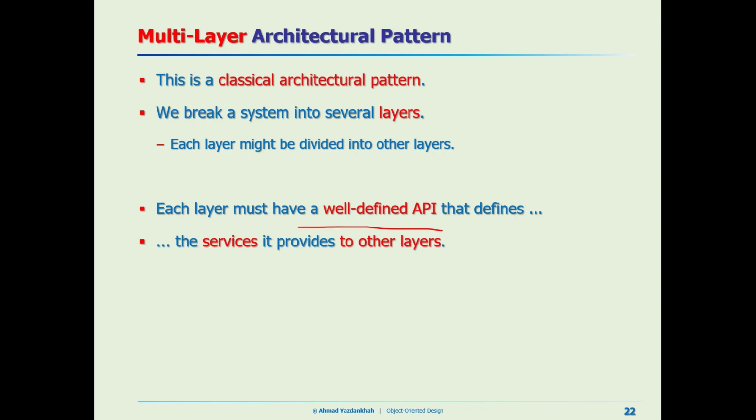When you define a layer, you should be able to define what API this layer is going to provide to other layers. It should be very well defined. The more clearly you design your code, your software, the better, and it will definitely be more maintainable.